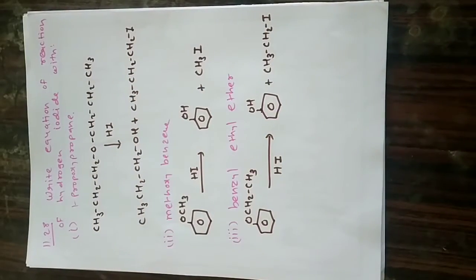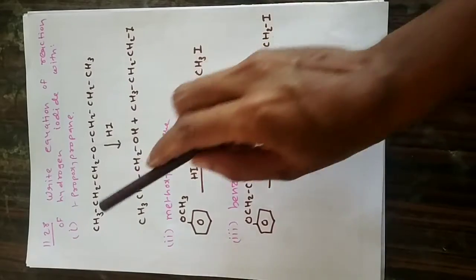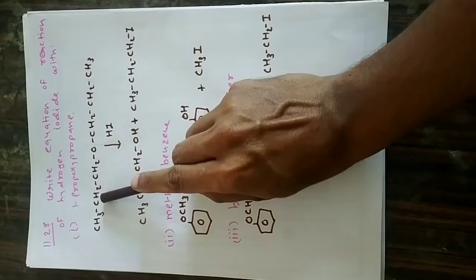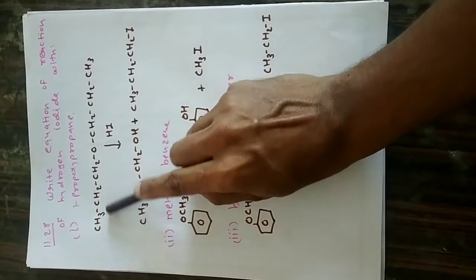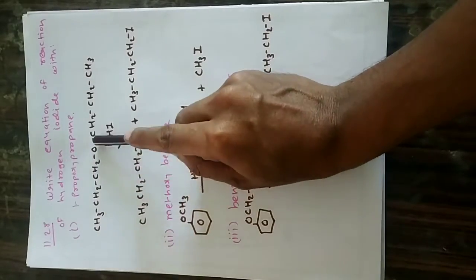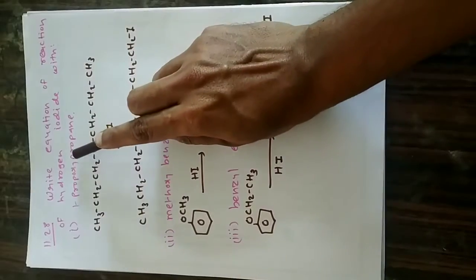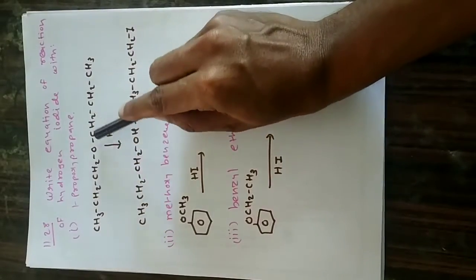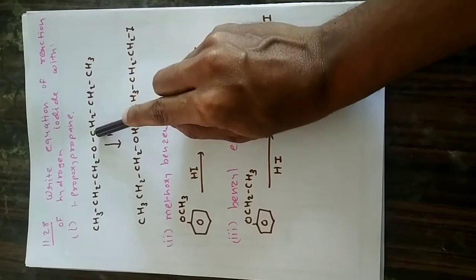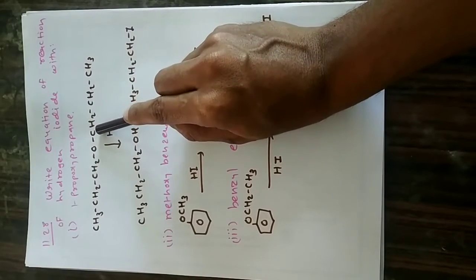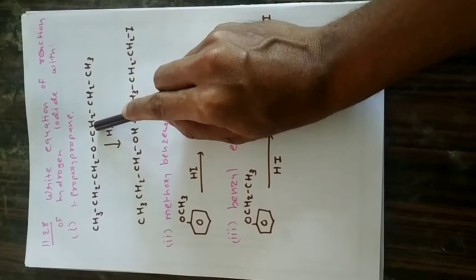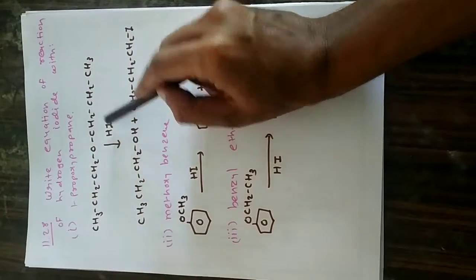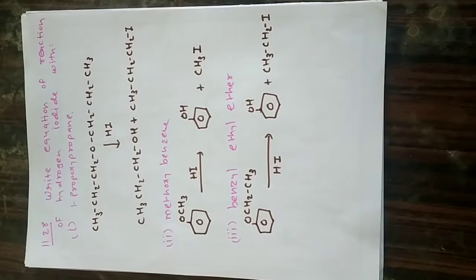So look at the reaction. This one is our 1-propoxypropane. You can see 3 carbons and oxygen, which means this is our propoxy group. It is attached to the first carbon of propane. When it reacts with HI, what do you have to do?